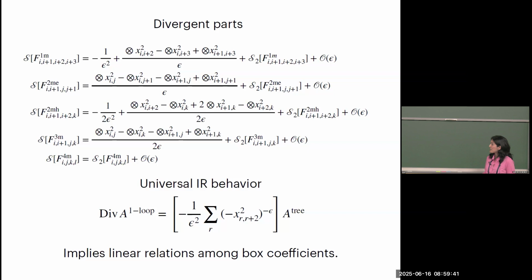The divergence is proportional to the tree amplitude, and it picks up just the 2 particle invariants. So what we're going to do is combine all the boxes with their coefficients. And if we don't yet know what the coefficients are, this already implies some linear relations among the box coefficients. If you just put arbitrary coefficients there, there are going to be some constraints that combine these divergences in a way to correspond to this known behavior.